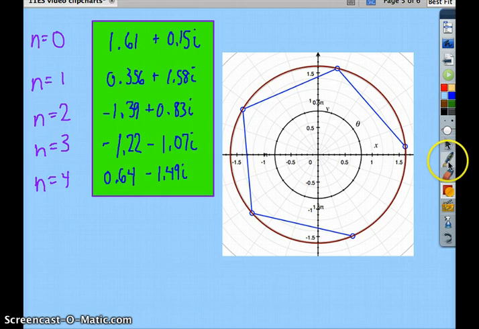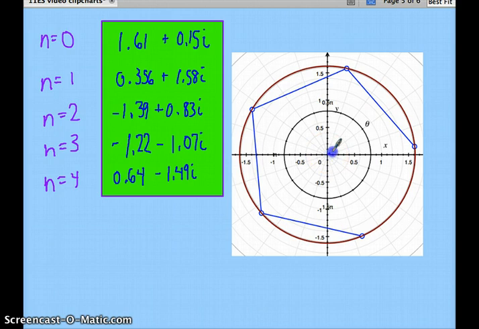And we've seen in class that if we plot each of these points on a polar graph, again, hopefully you're realizing what this radius is. This radius is the fifth root of 5 radical 5, which is approximately 1.62, right? 0.5, 1, 1.5, 1.6, 1.62.